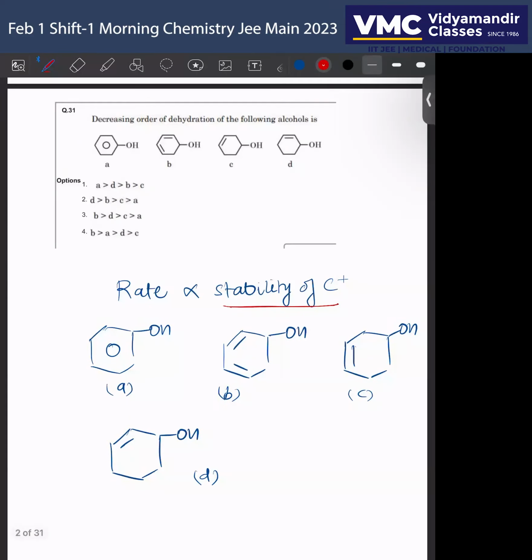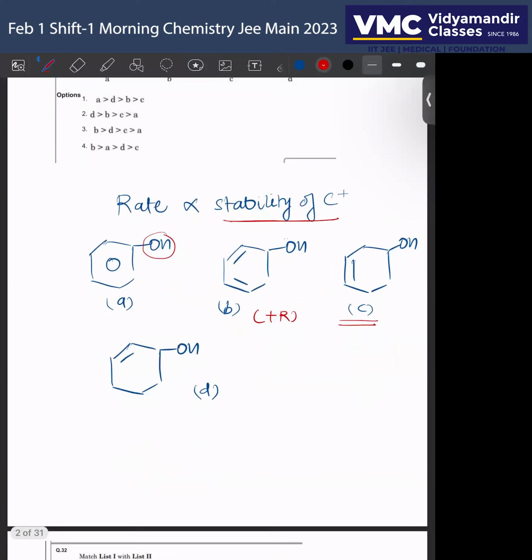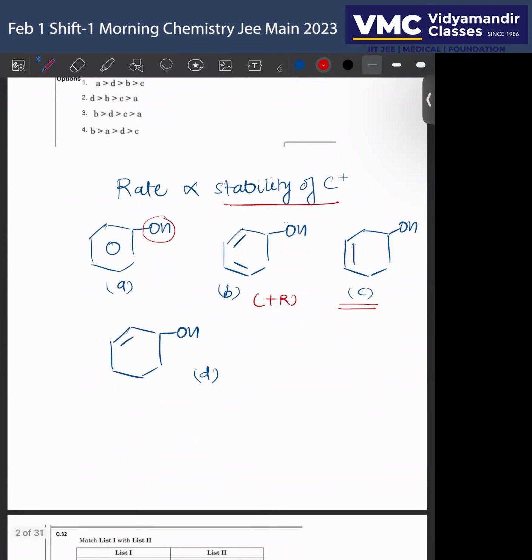See, in option number A, you see that it contains benzyl phenol. It cannot form a carbocation here, which is highly unstable. B option shows resonance, that is extended one after formation of carbocation. There is no resonance as such seen in option number C, whereas D also shows carbocation resonance when carbocation is being formed.